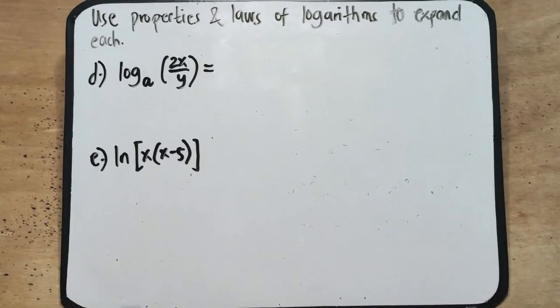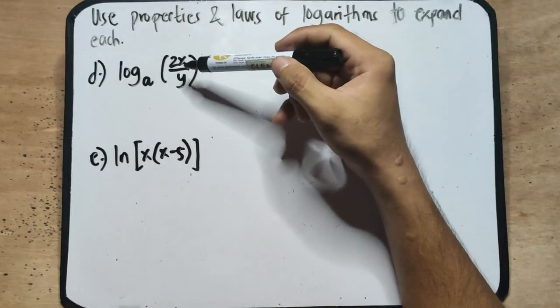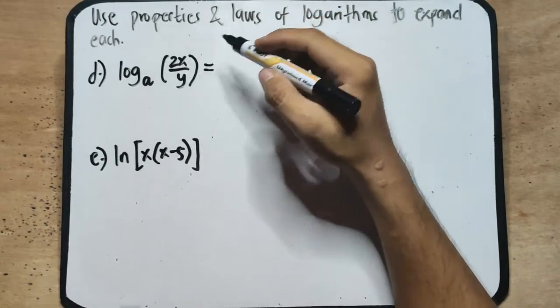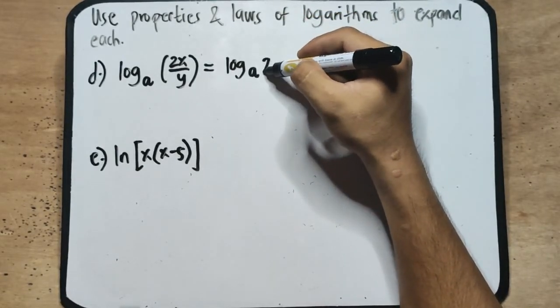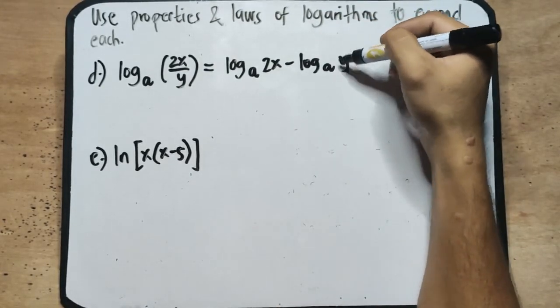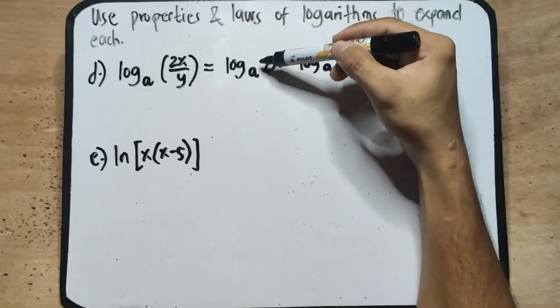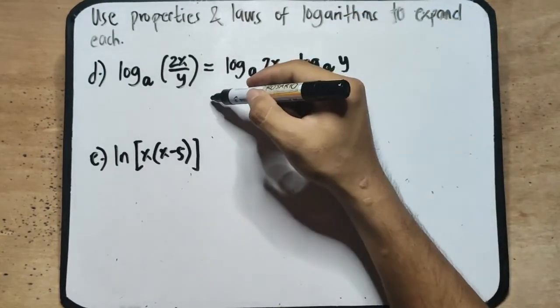For the fourth item, we have log base a of 2x all over y. Since division yung operation, magiging subtraction yung expanded form niya. We use the second law. So, this is equivalent to log base a of 2x minus log base a of y. Since meron pa tayong another expression na pinag-multiply, we can expand this further.